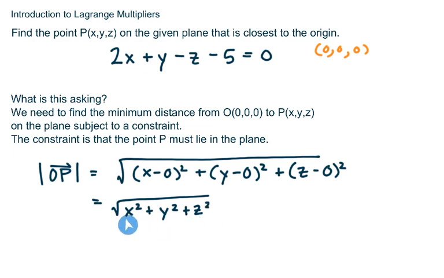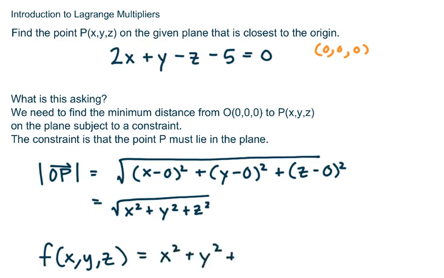We need to minimize this function, and to make our lives a little easier, we're going to disregard the square root, because if I can minimize x squared plus y squared plus z squared, I would be minimizing the function underneath the square root as well. So our function f(x, y, z) we're going to call x squared plus y squared plus z squared.